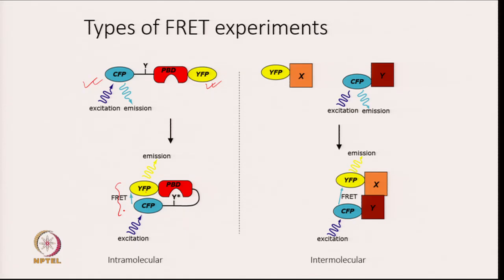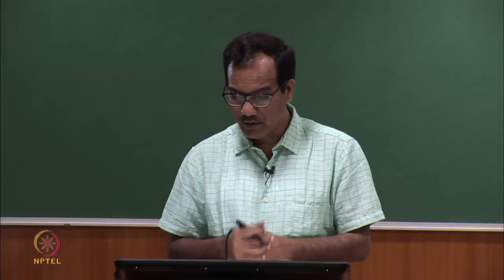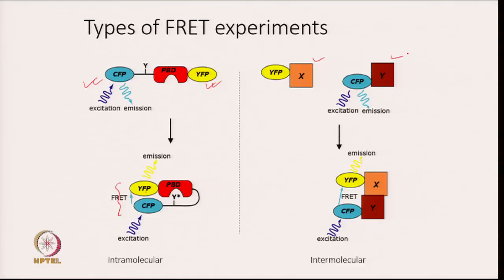The second experiment is the intermolecular experiment, which is generally used to look at the interaction between two protein molecules or two molecules. So, these are the two molecules X and Y, one is labeled with YFP and another is labeled with CFP. When they are apart, if I excite CFP, it will emit.